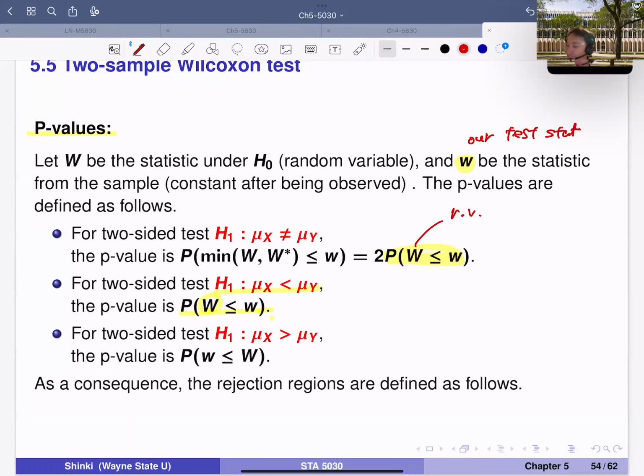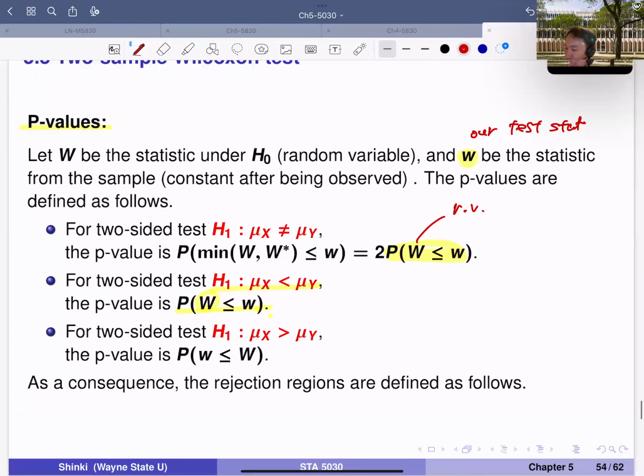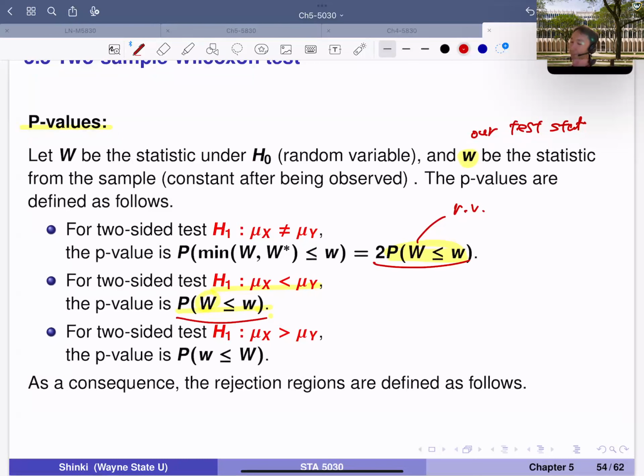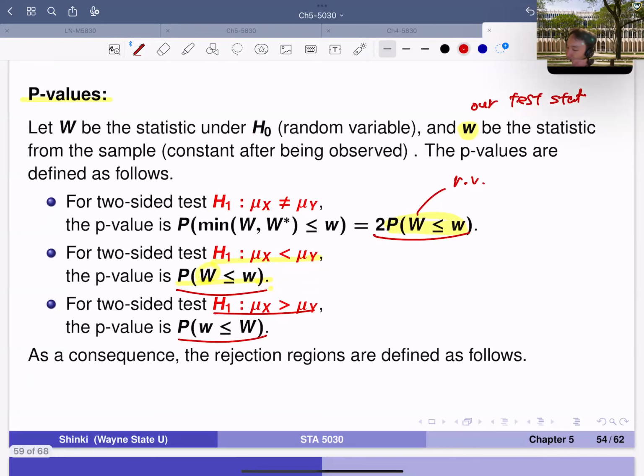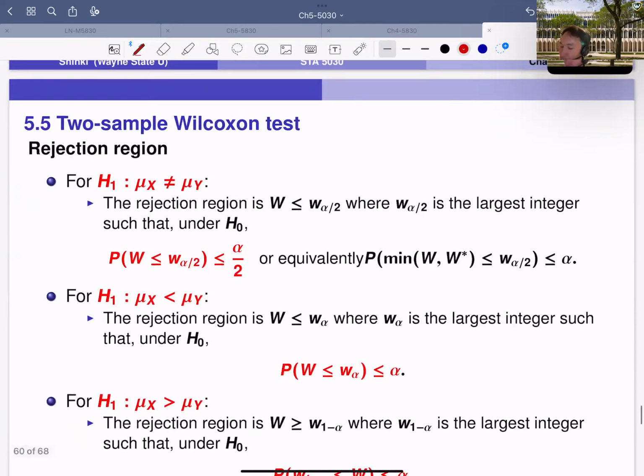So in general, what's the distribution of the random variable W? And a more extreme event than our test statistic happens with only this probability. And for the two-sided test with the other alternative, the p-value is this. So based on these p-values, we either reject or accept the null hypothesis.